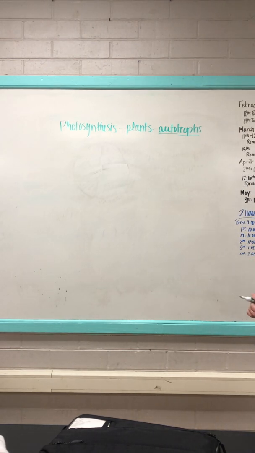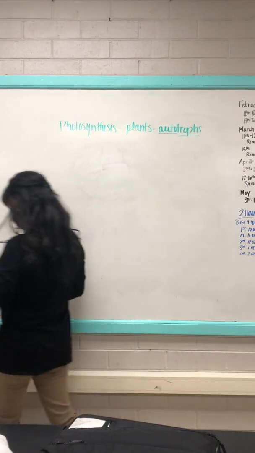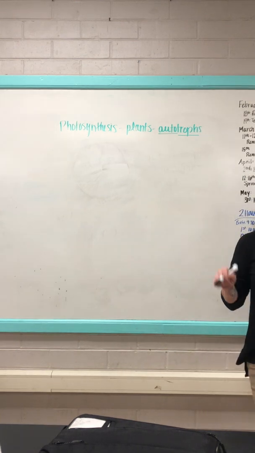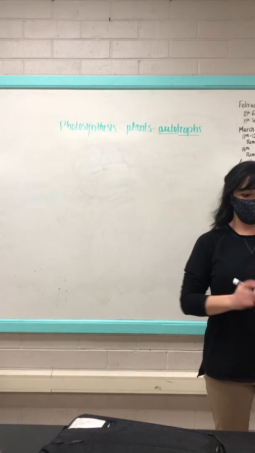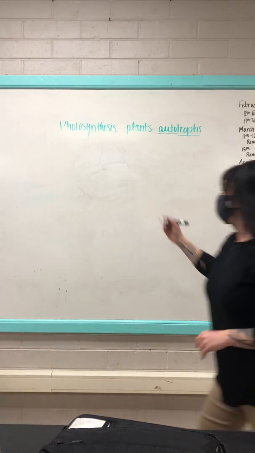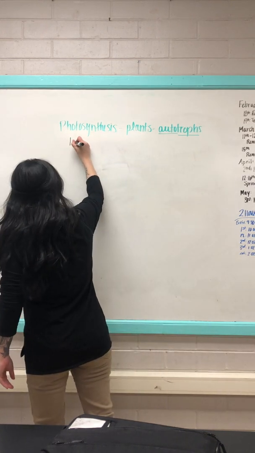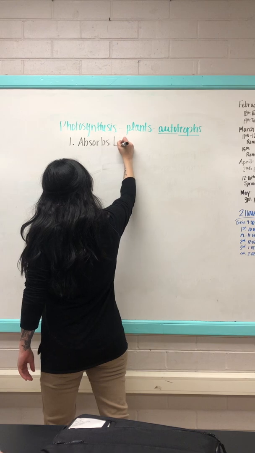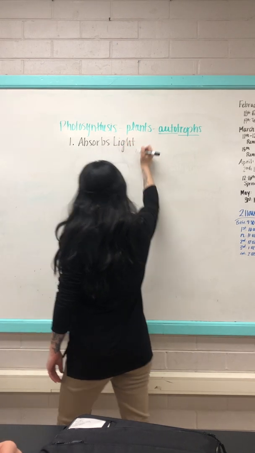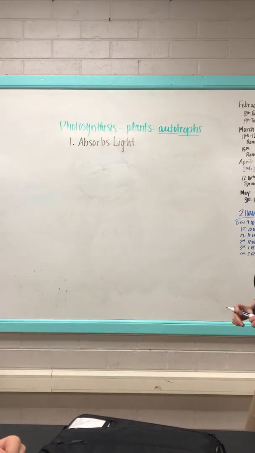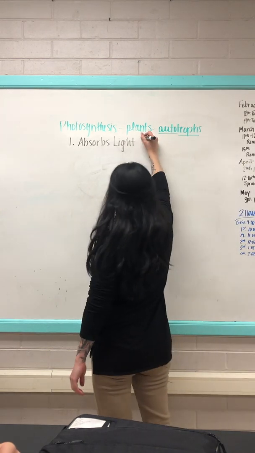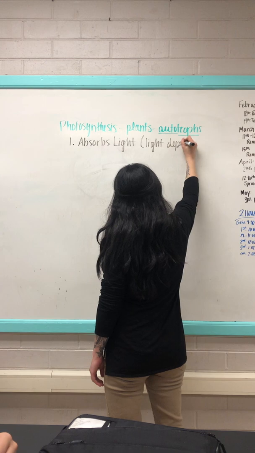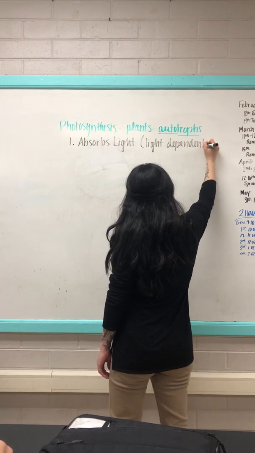Alright, so yesterday we watched a video about photosynthesis, and she went into the light-dependent and light-independent reactions. So the first step in photosynthesis is it absorbs light. Okay, so obviously this is a light dependent RxN.